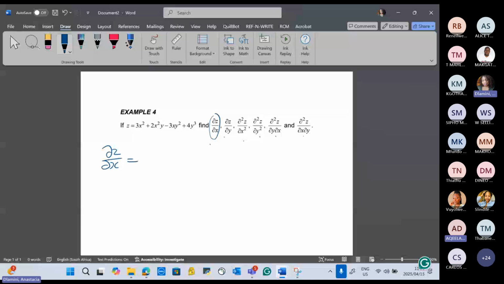Isn't it 4xy? Question: isn't it 4xy? Yes, it's 4xy. Sorry about that. There's no a now, it's a constant, right? 3y squared. Yes.